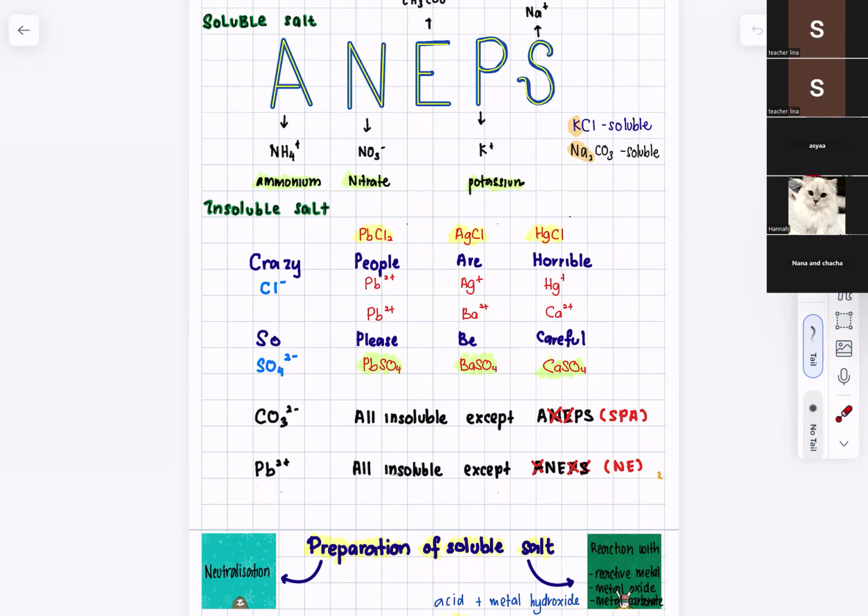Okay, so back to zero now. Lead II nitrate, soluble or insoluble? Soluble. Calcium sulfate, soluble or insoluble?